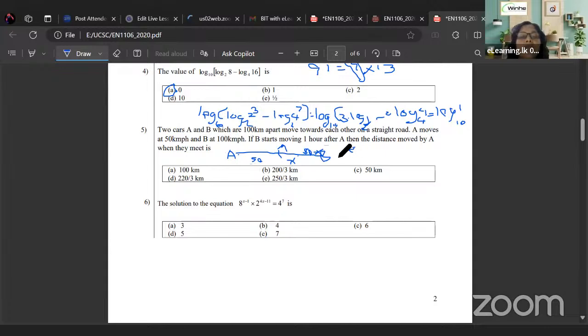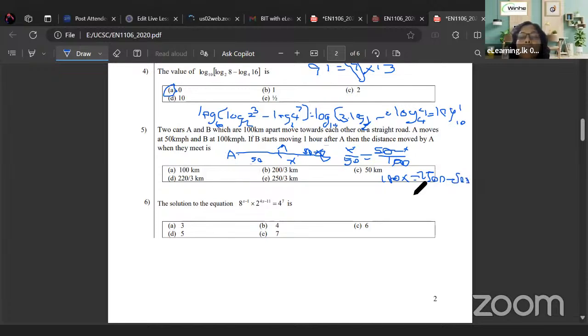Therefore, x divided by 50 is equivalent to 50 minus x divided by 100. Right? So 100x is equivalent to 2500 minus 50x.